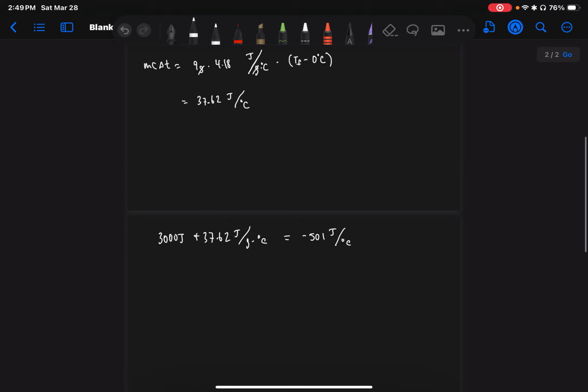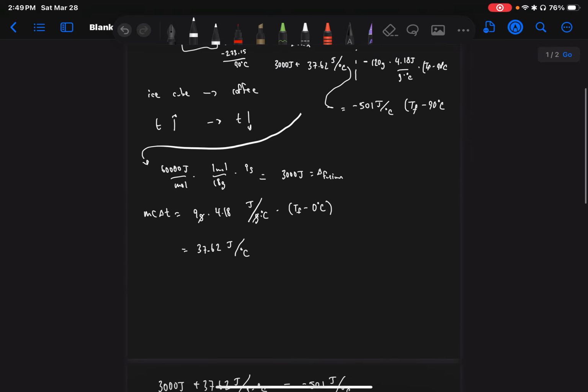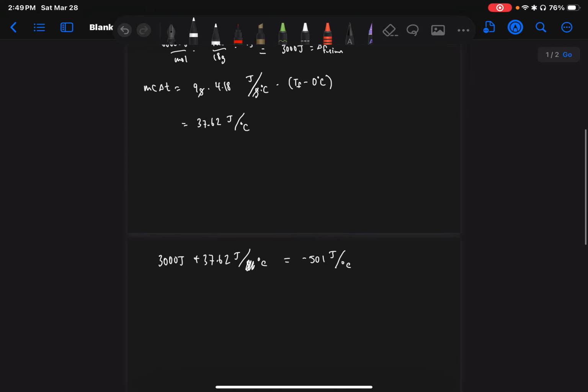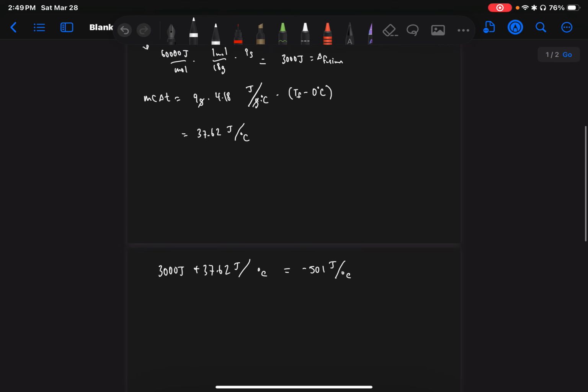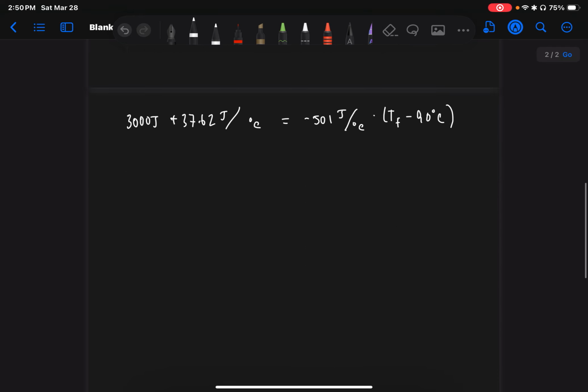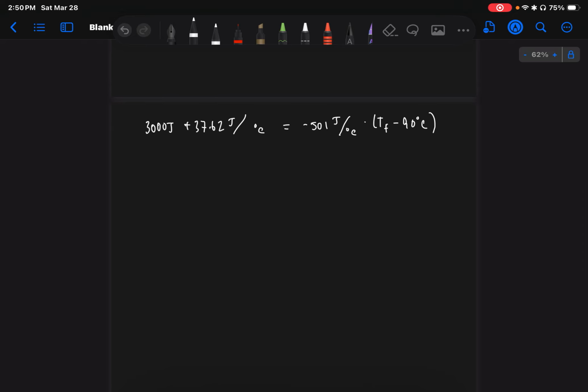I shouldn't have grams. Negative 501 joules per degree Celsius times TF minus 90 degrees Celsius. Okay, now what? Now we just expand and solve for TF. That's pretty easy now.